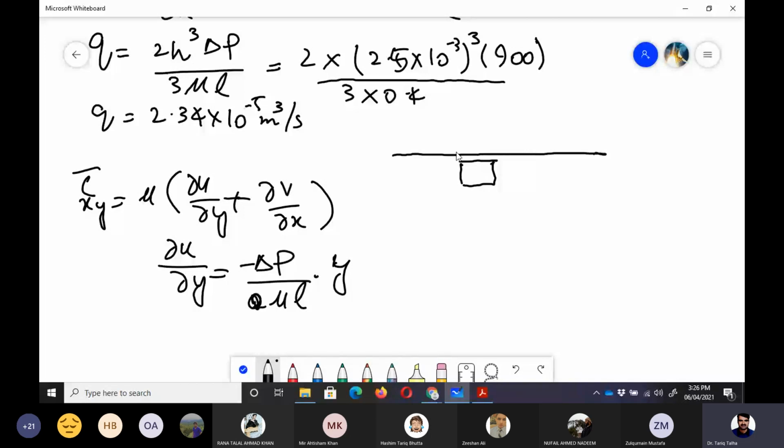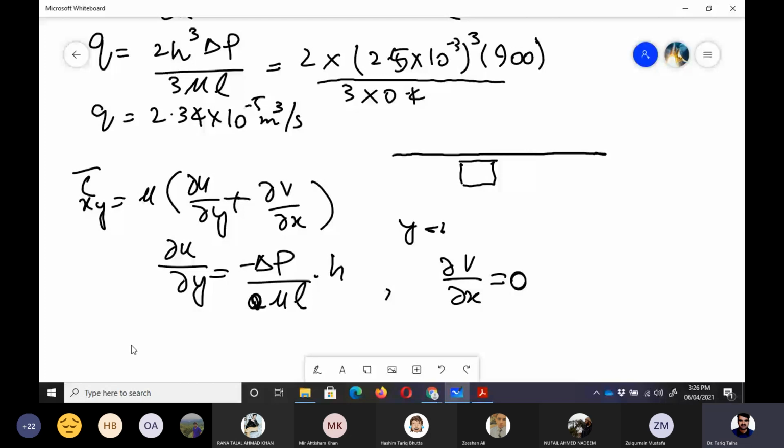Because now we want to calculate it at the upper surface, where y is equal to h, we can replace y with h. Why? Because we are going to determine it at y is equal to plus h. And now we also know that partial v by partial x is equal to 0. Why is that? Because the v velocity is 0 in this case.